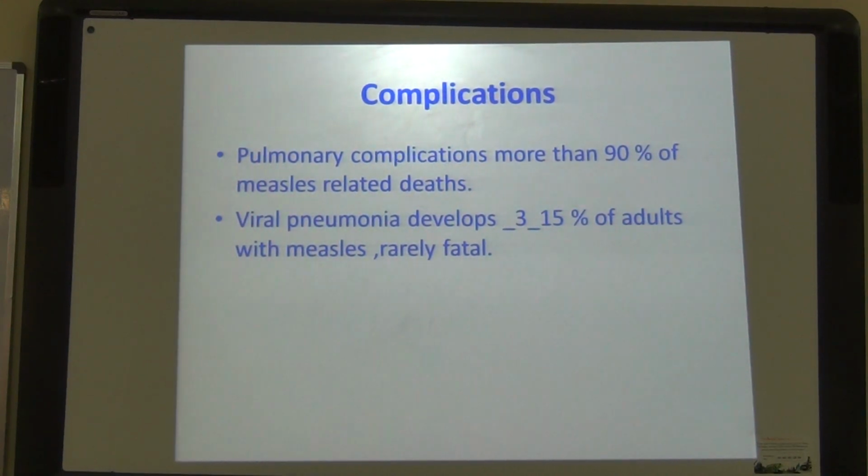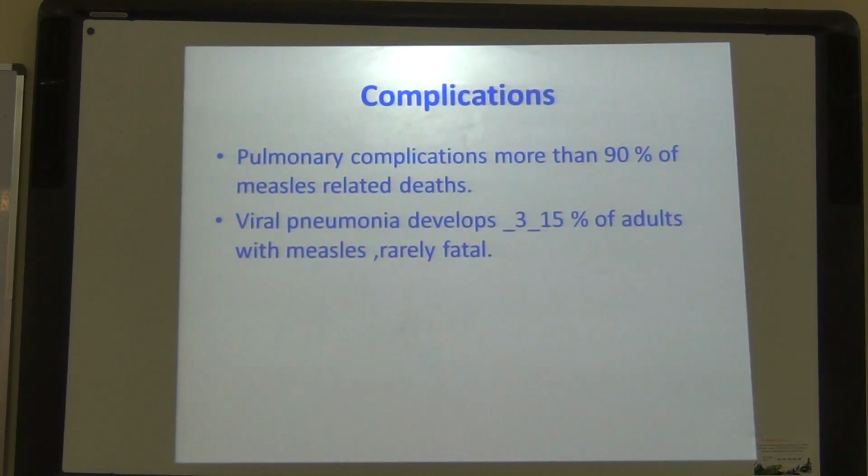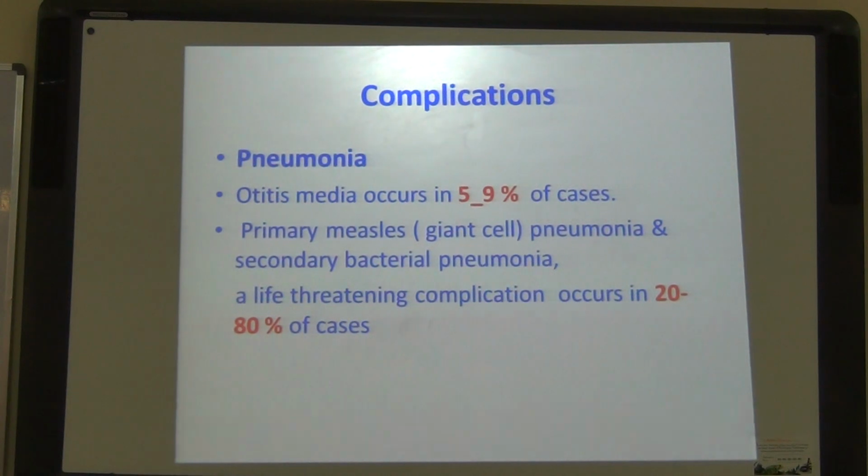Pulmonary complications account for more than 90% of measles-related deaths. Viral pneumonia develops in 3 to 15% of adults with measles, and this viral pneumonia is rarely fatal. Otitis media occurs in 5 to 9% of cases.